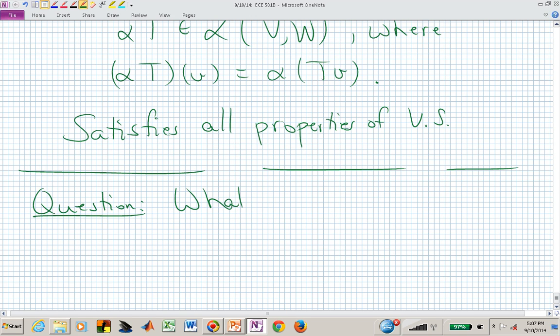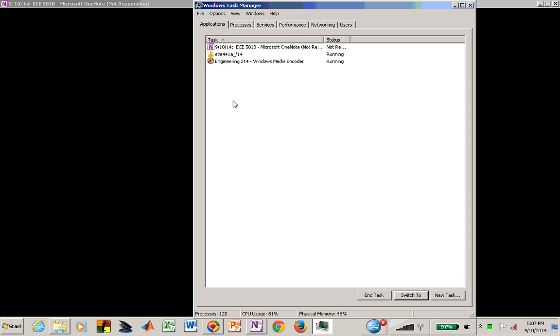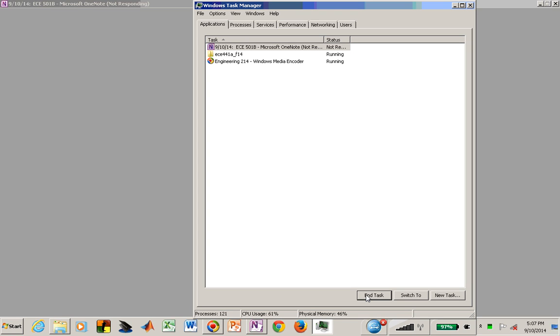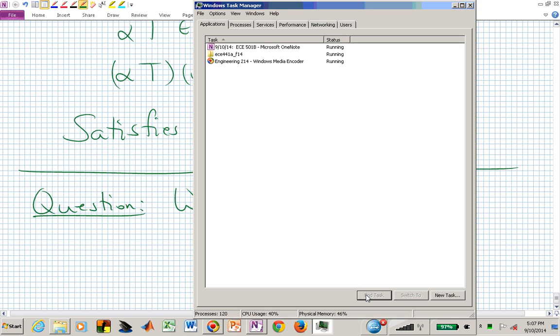So now what is it? It's going to be the zero map, isn't it? Did everybody see that? It was zeroed out completely. Everything is zeroed out.